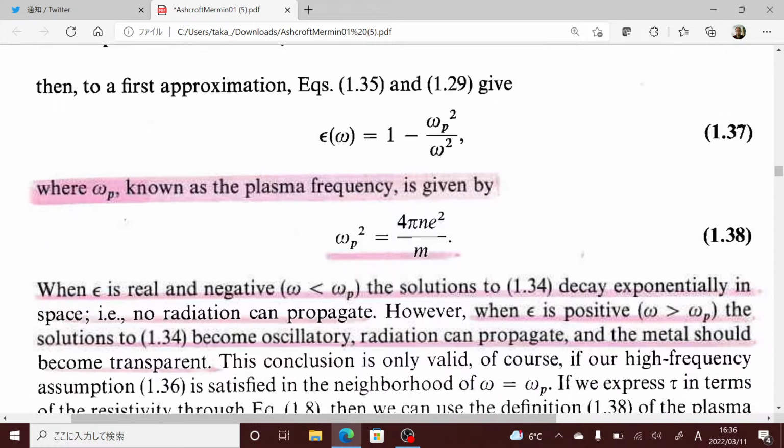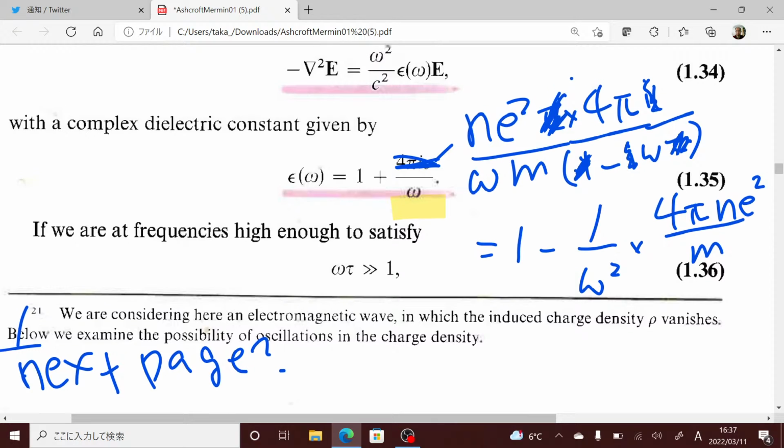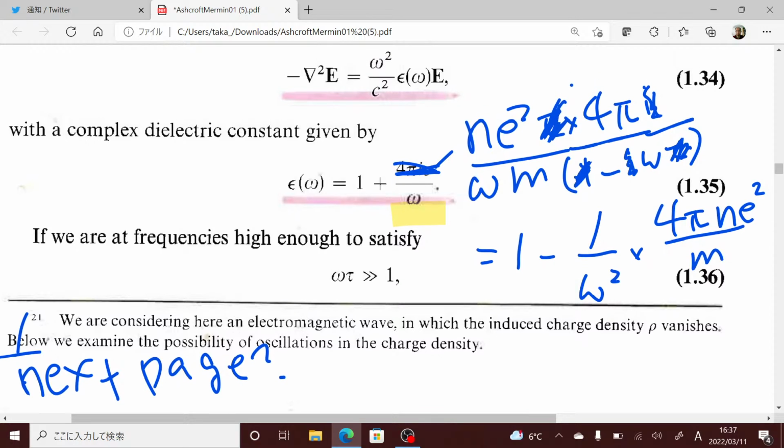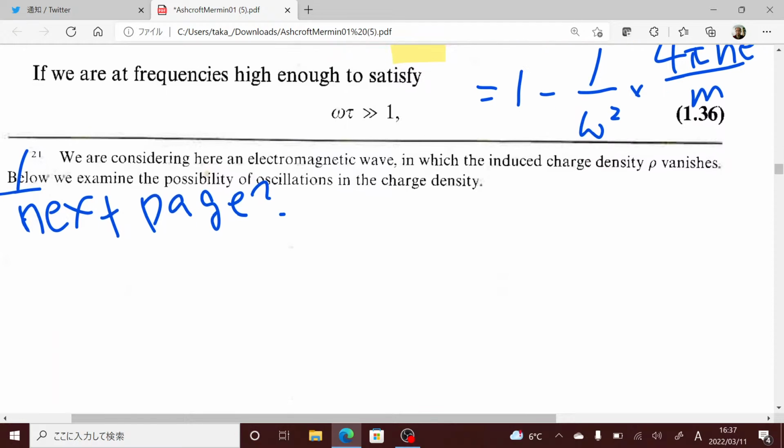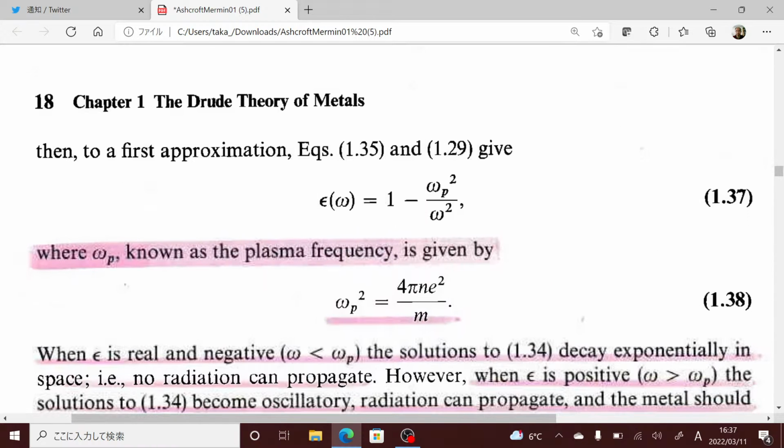When epsilon is real and negative, hey, how do I write, 1 minus, negative, omega 0 is small.